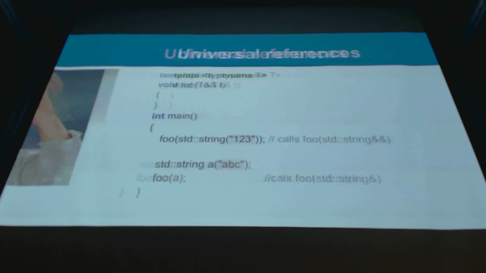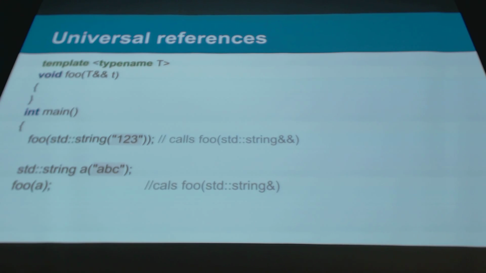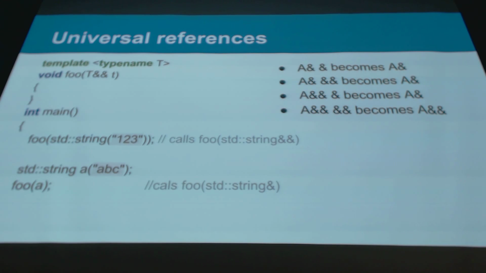So how does it work? The same example, and on many websites you can find reference collapsing. Sometimes you can find something like this: if T is an Lvalue reference, and then I get another Lvalue reference, it will just become a normal reference. If I get an Lvalue reference and try to merge it with an Rvalue reference, it will still become an Lvalue reference.